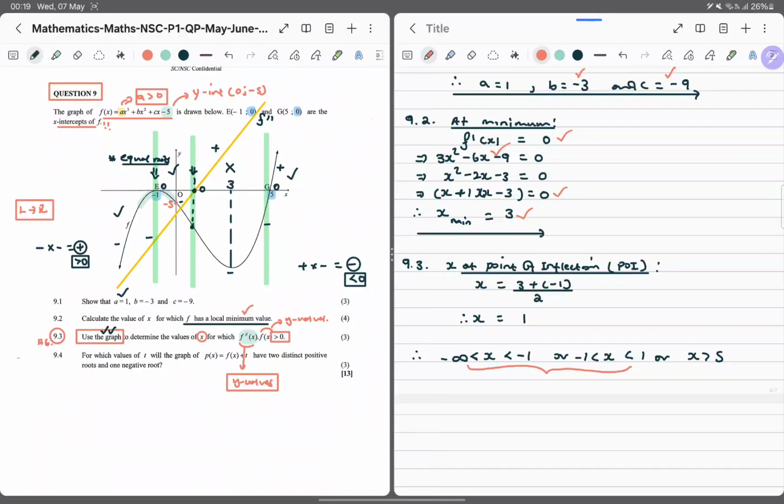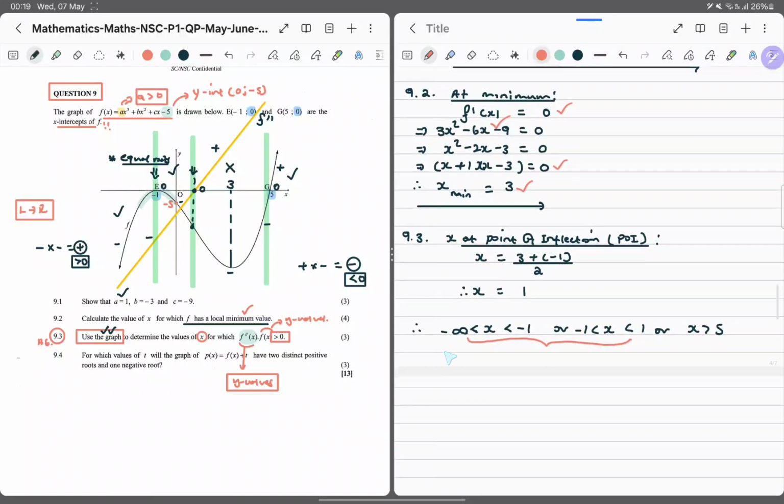In fact, this portion here can be written like this. We can say here x must be less than 1, greater than minus infinity. Don't know why my infinity is doing things now. Provided x is not equal to minus 1. Alright?